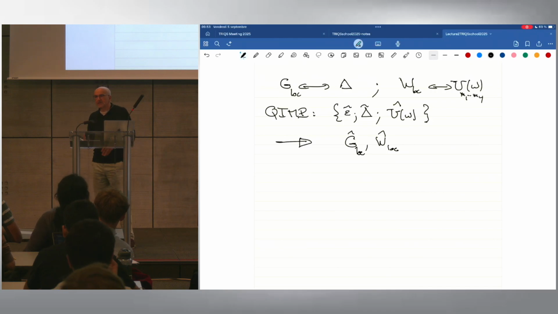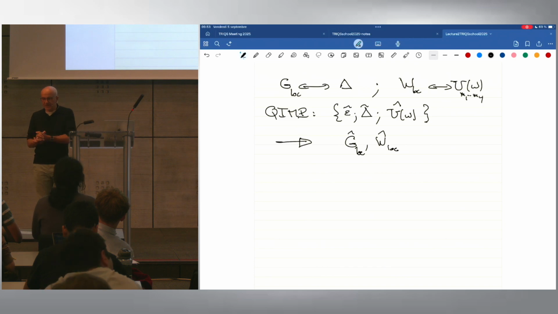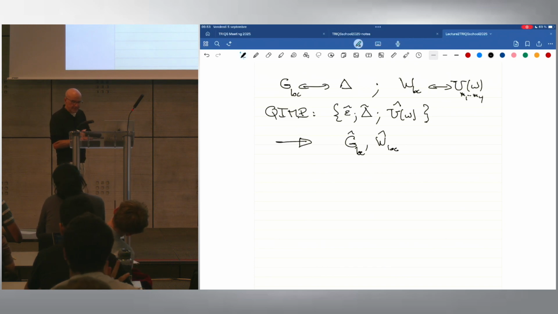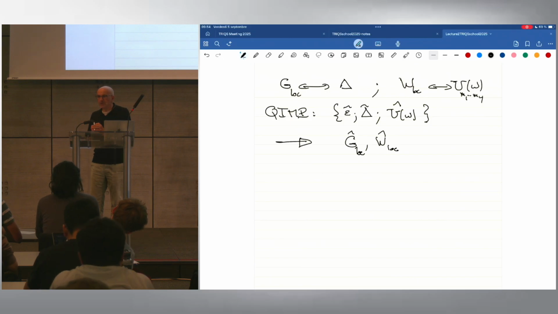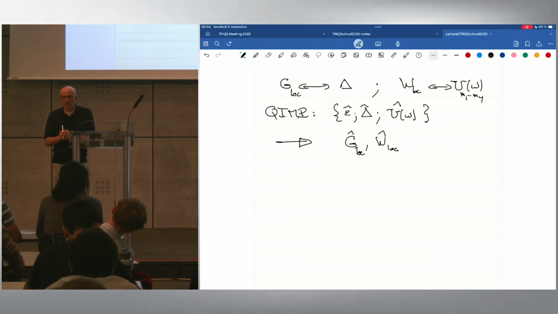And it is the set of interactions on my localized correlated sub-Hilbert space, such that when I solve these embedded quantum impurity problems, I reproduce the exact G local and the exact W local of the solid.